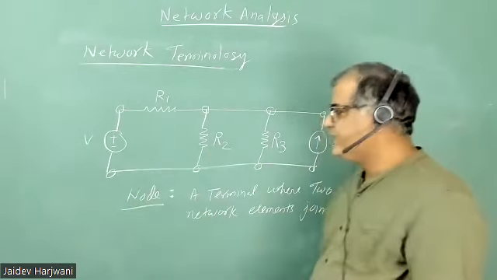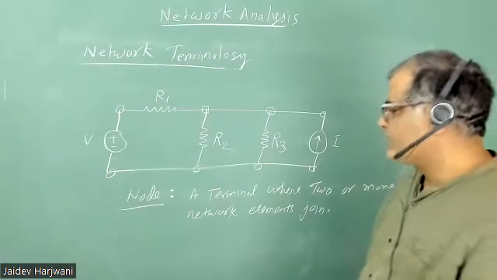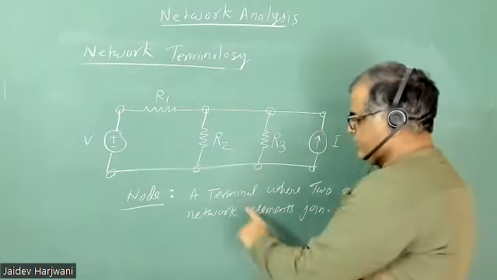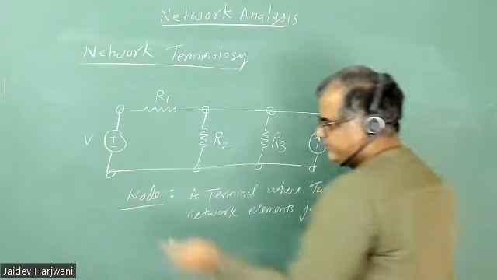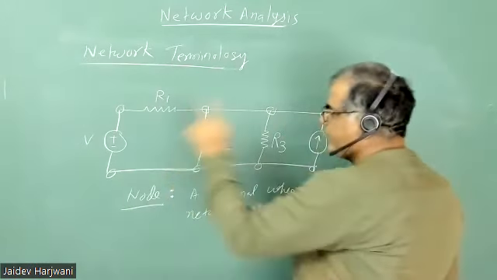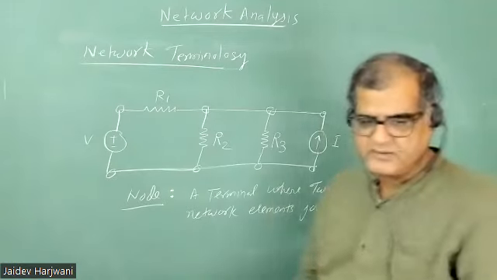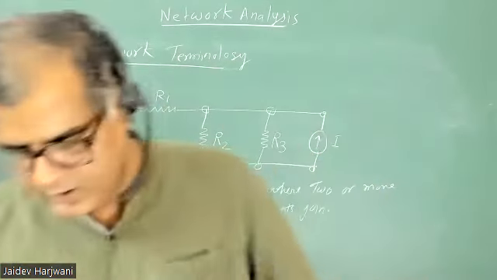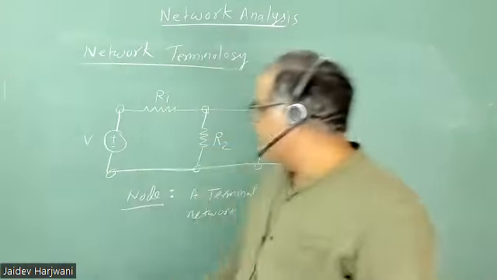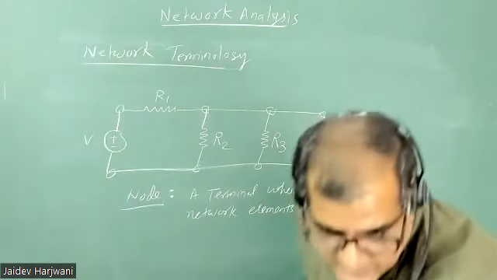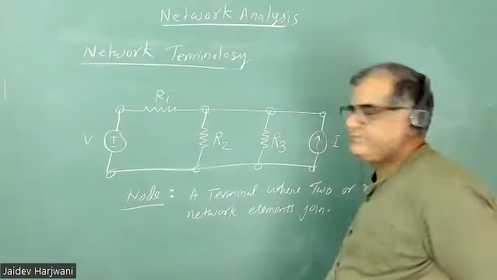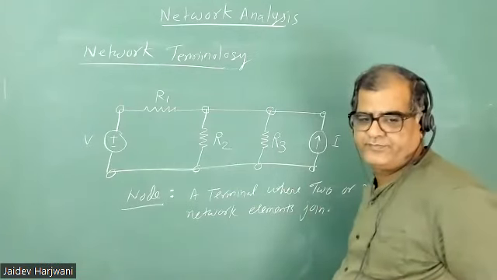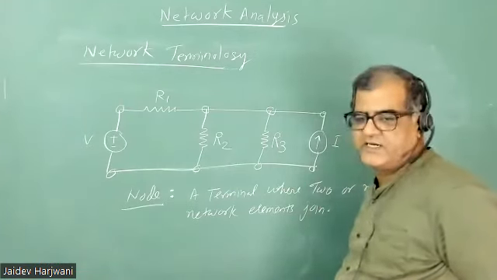These are all network elements. So a terminal where two network elements join is called a node. Can you tell me how many nodes are there in the circuit? New students, how many nodes are there in the circuit? Anyone?